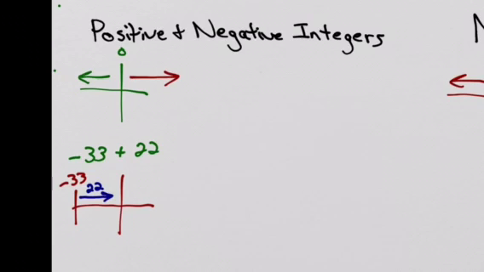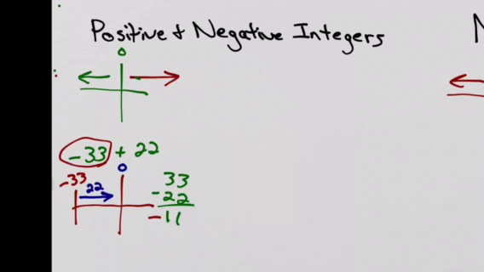So if we are getting closer to the 0 line, we know that 33, to make it smaller by 22, would be subtraction. Therefore, we have 33 minus 22 is 11. Which number has the greatest absolute value? Well, that would be the negative 33. Therefore, we know our answer is going to be negative because it never crossed the 0 line.